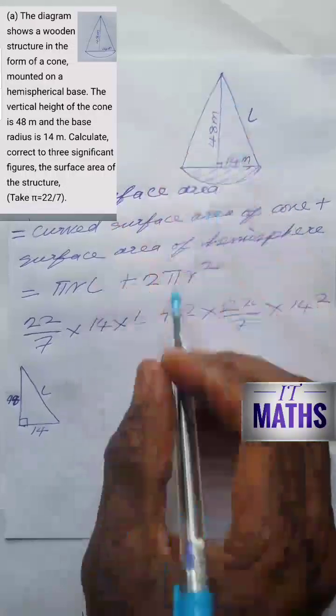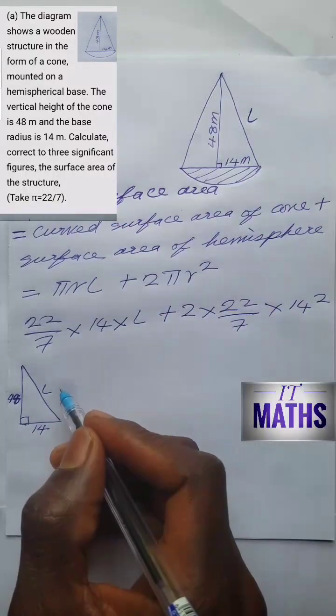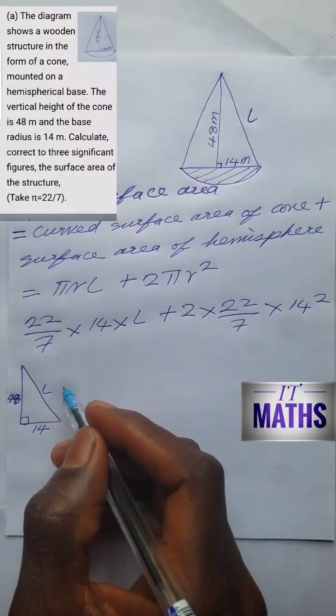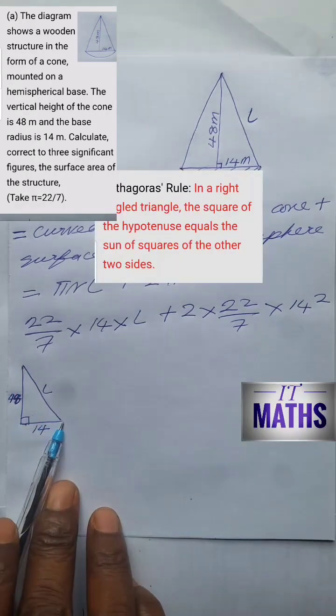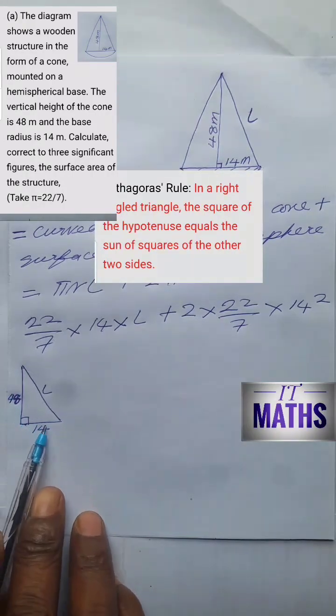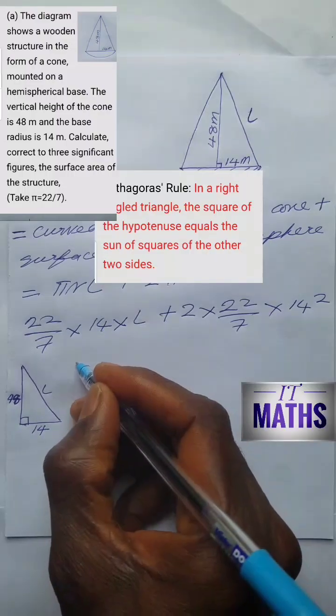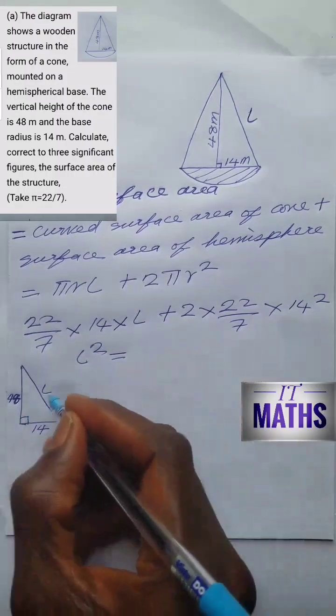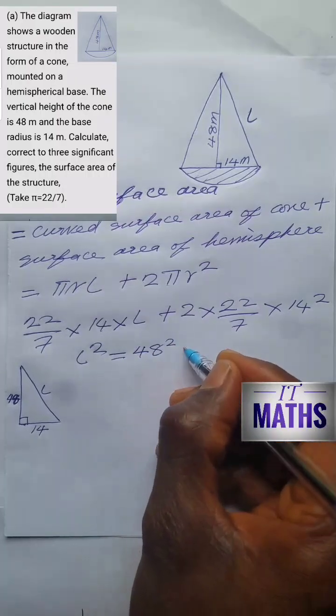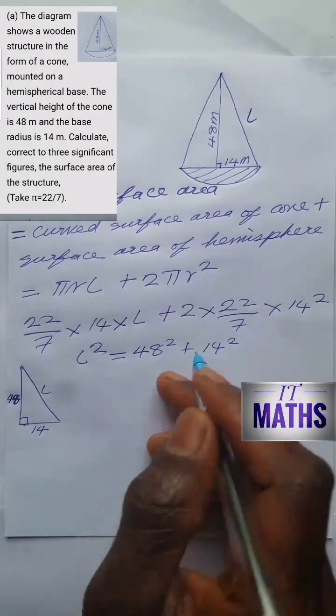Yes, there is a relationship from Pythagoras' rule, which says that the square of the hypotenuse equals the sum of the squares of the other two sides. So we're going to have L squared equals 48 squared plus 14 squared.